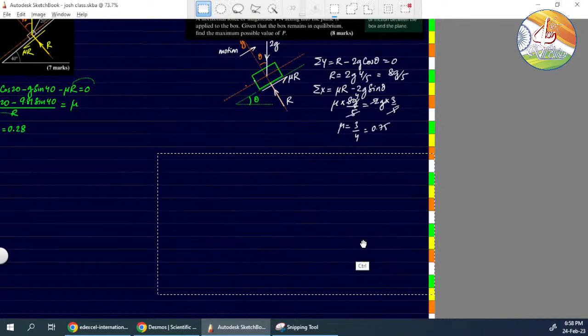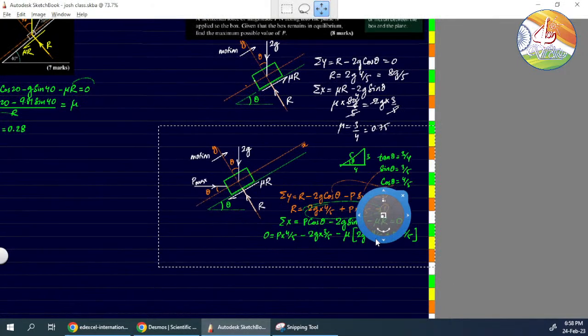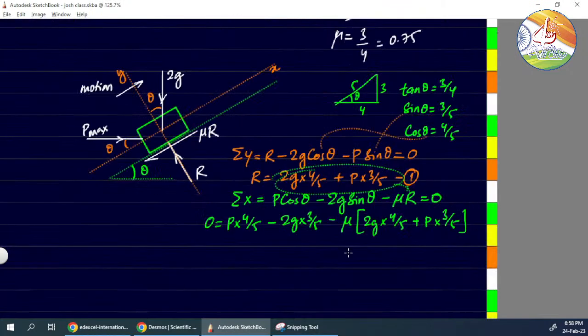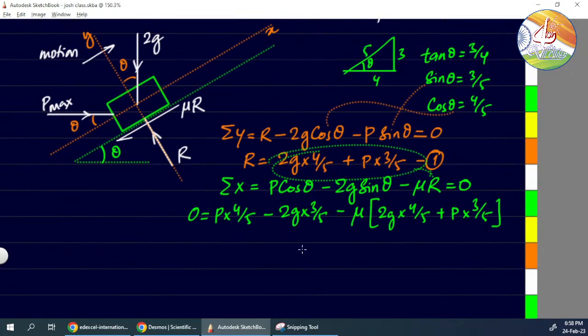This will follow that, and here we need to continue. So we need to use the value of mu here.